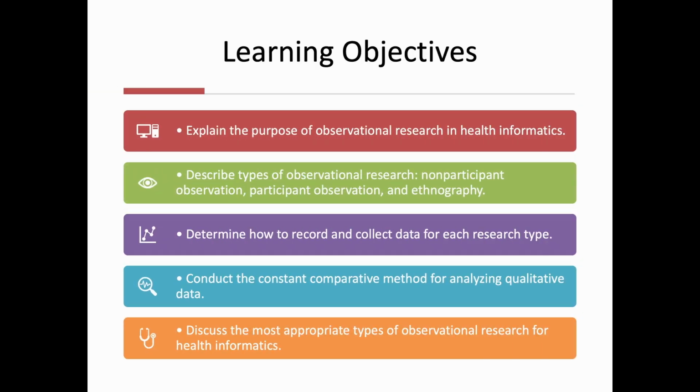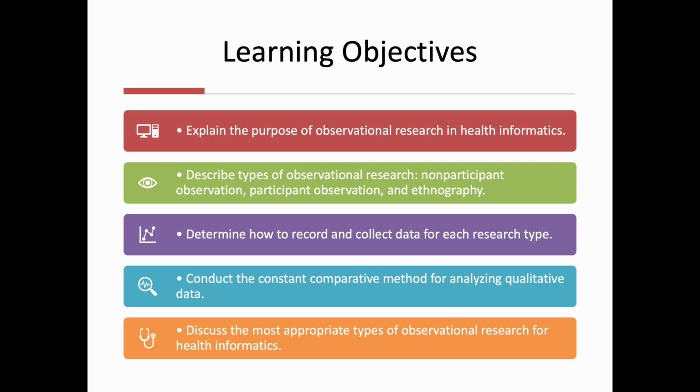Before we dive into the different types of observational research, let's begin with an overview of what makes this method unique and valuable. Observational or qualitative research allows investigators to understand the intricate details of a study subject, program, or facility.